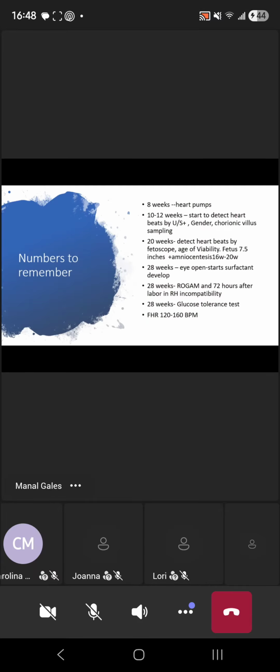Then I want to present these numbers. These numbers are very important to know. Well, you might get a question on what is the week where the heart starts to pump. The heart starts to pump at 8 weeks, but we cannot detect the heartbeats by ultrasound before 10 weeks.